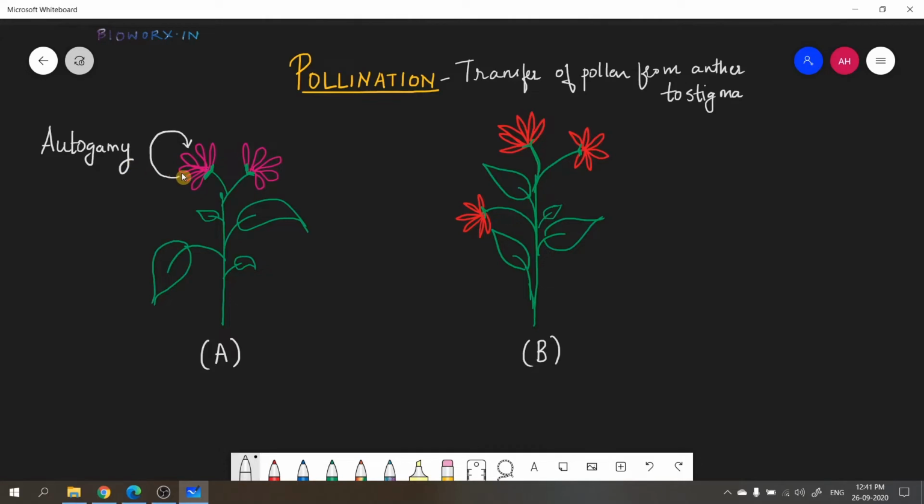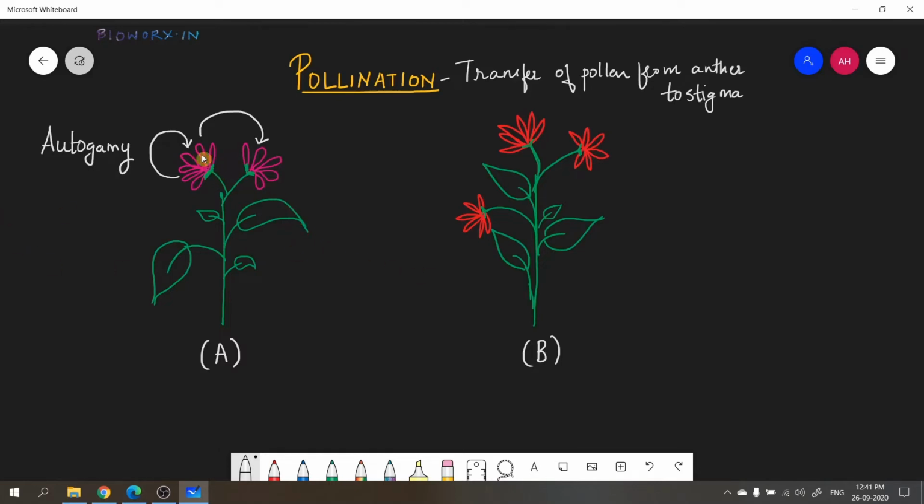So, what is happening is pollen grains are getting transferred from anther to the stigma of the same flower. So, isn't autogamy same as self-pollination? Yes, it is. That was one type. The second type is when the pollen grains are transferred from anther of a flower to the stigma of another flower but on the same plant. You can see this is the same plant, right?